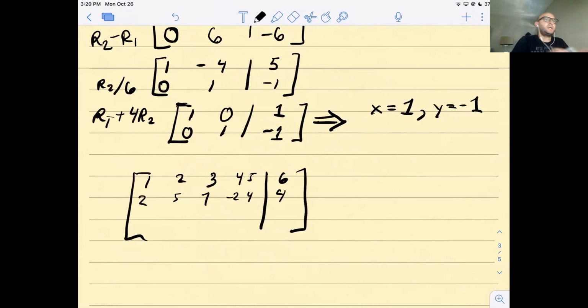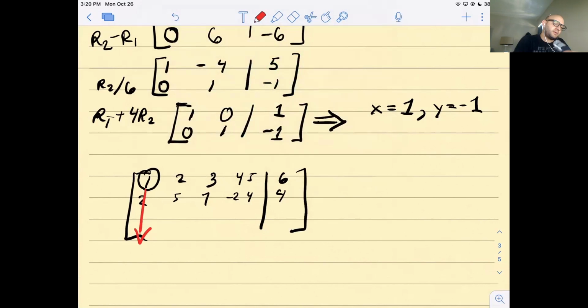You can do exactly the same idea. You turn this into a 1. In this case, it already is a 1. And you use that 1 to eliminate everybody underneath it. So that's the big picture.